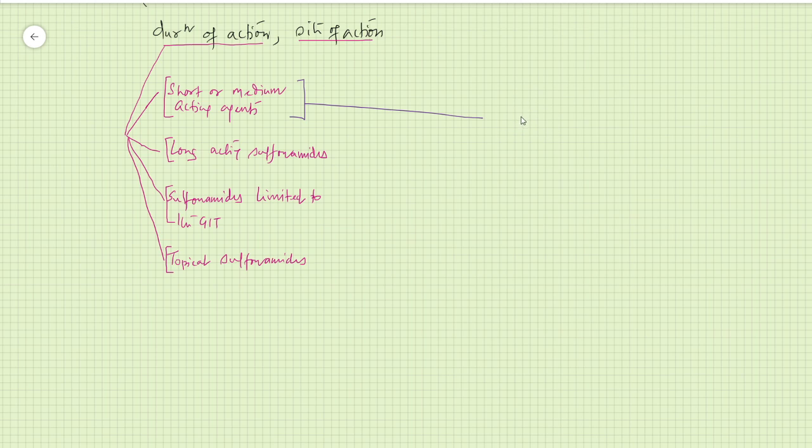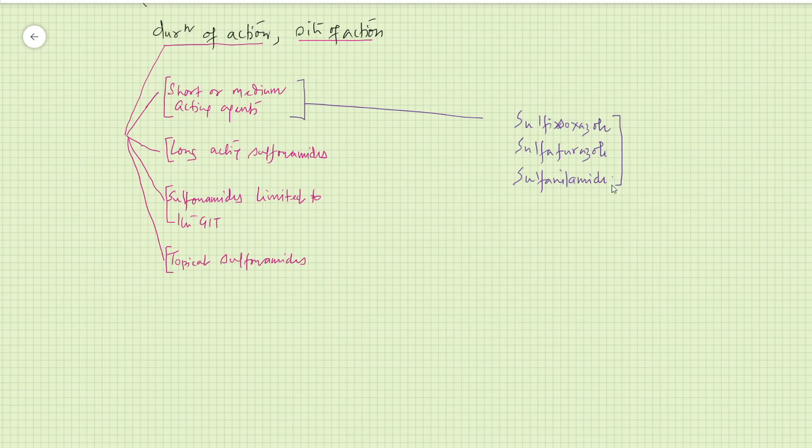The currently clinically used drugs which belong to this category include sulfisoxazole, sulfafurazole, and the prototype drug that we have discussed previously, sulfonamide.